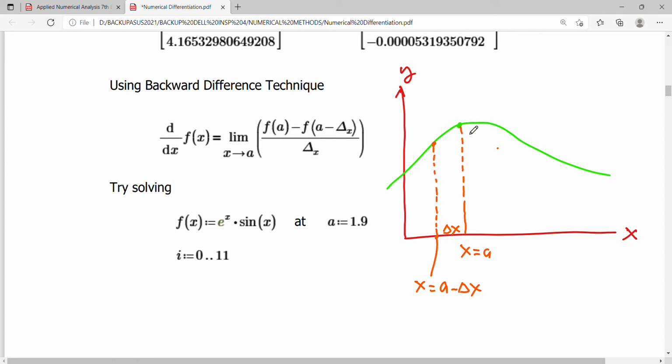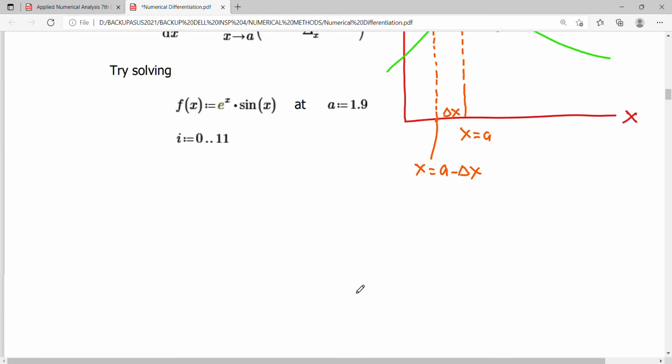The only difference is if this curvature here is not the same curvature there, but the backward and forward difference for very regular functions does not actually give you very different results.